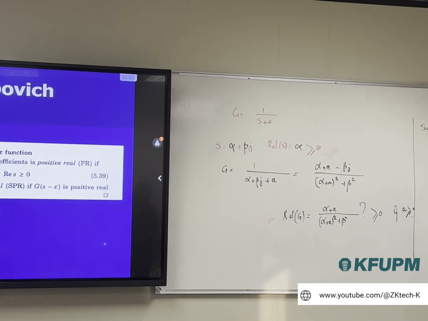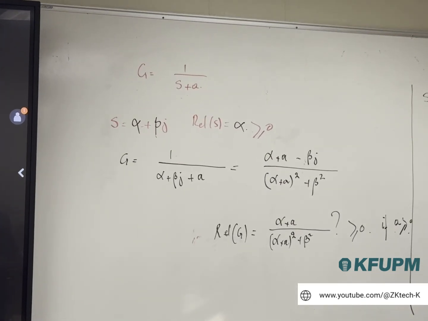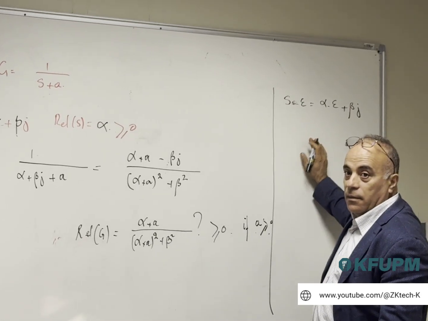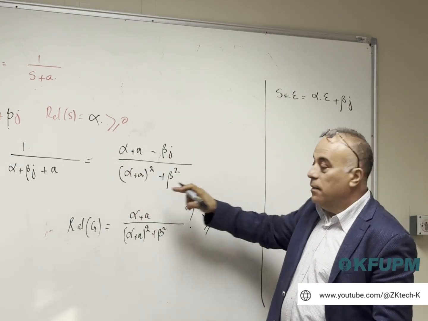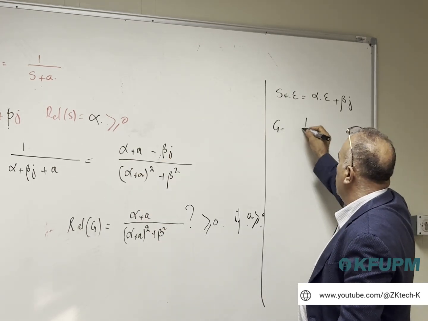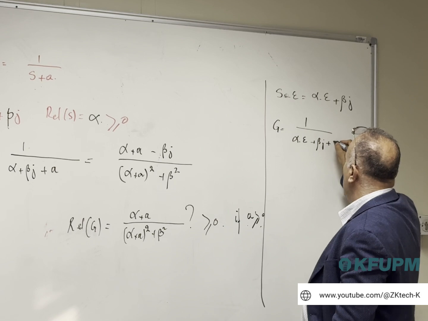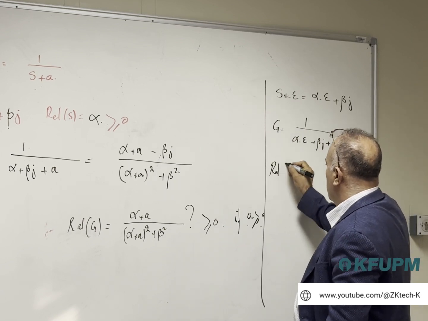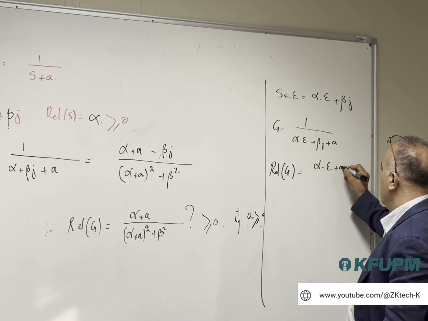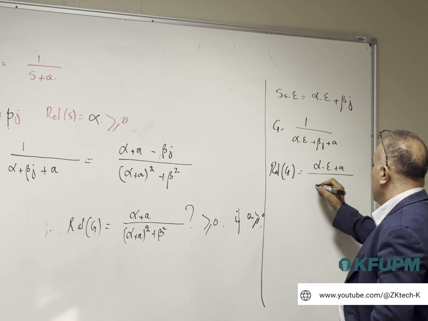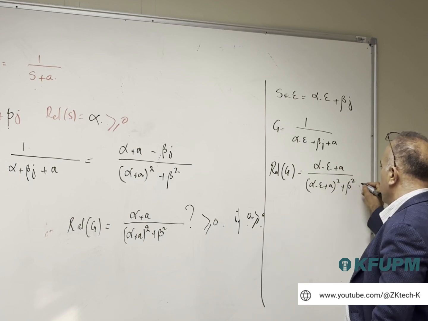So we have alpha minus epsilon plus beta multiplied by J. So this is my new S. And if I compute again the value of G, I will find it equal to 1 over alpha minus epsilon plus beta times J plus A. The real part of this G is equal to alpha minus epsilon plus A, the whole thing divided by alpha minus epsilon plus A, the whole thing squared, plus beta squared.